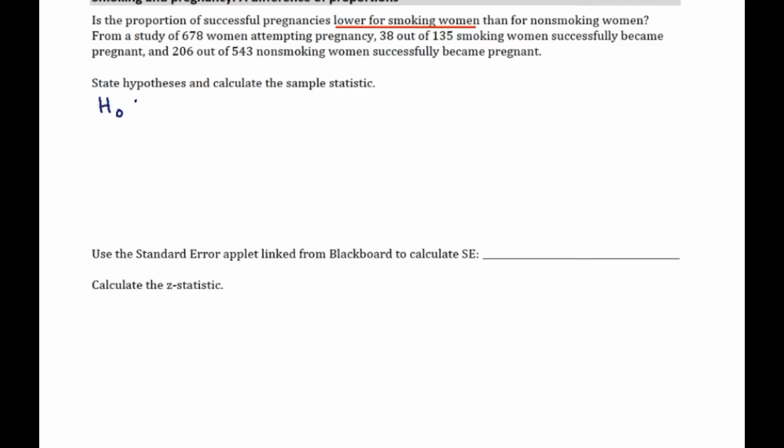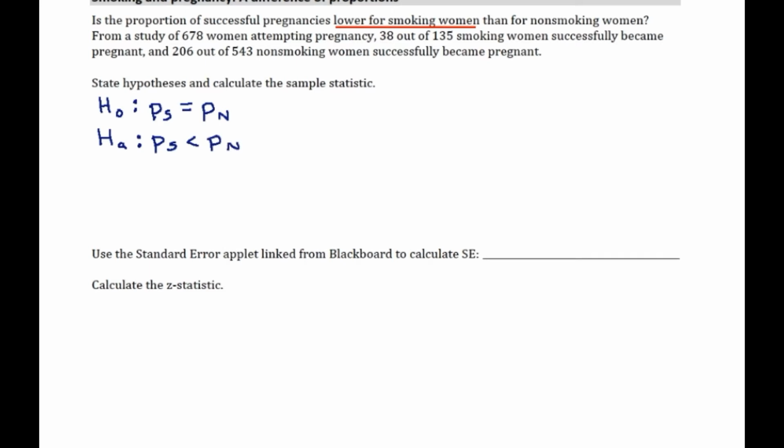Our null hypothesis is that the rate of successful pregnancies, or the proportion of successful pregnancies among smoking women, is the same as the proportion of successful pregnancies among non-smoking women. Our alternative hypothesis is that the proportion among smoking women is lower than the proportion among non-smoking women.